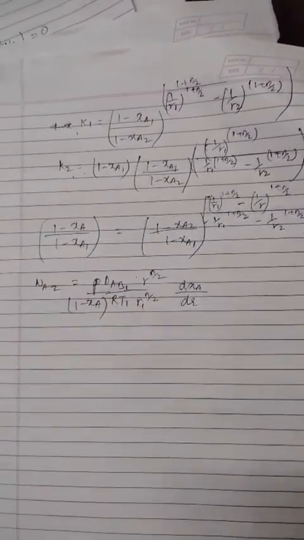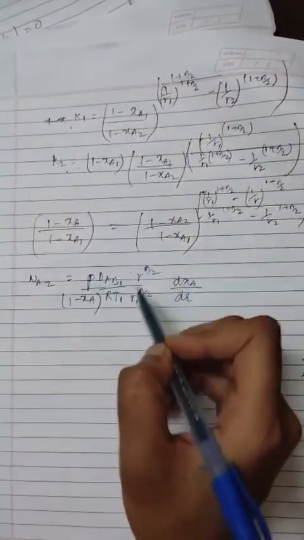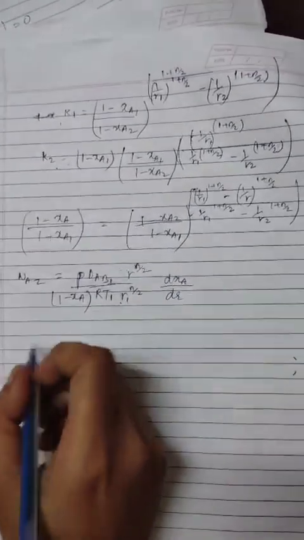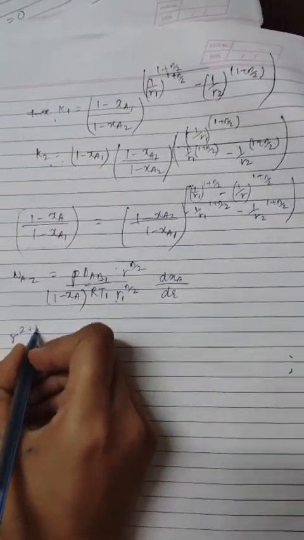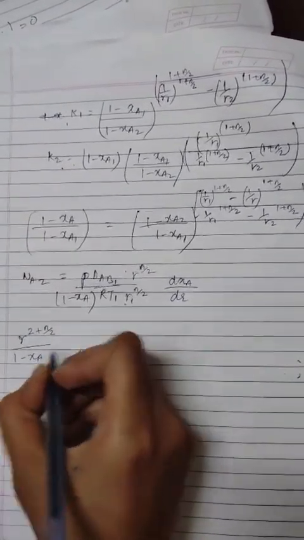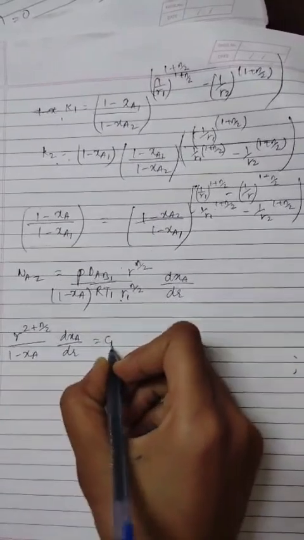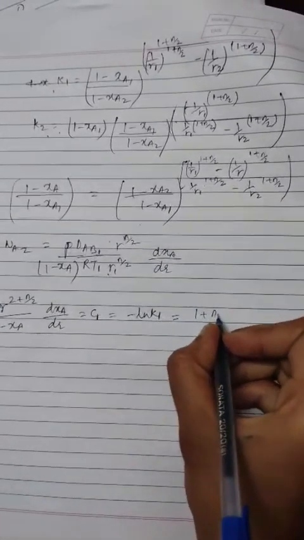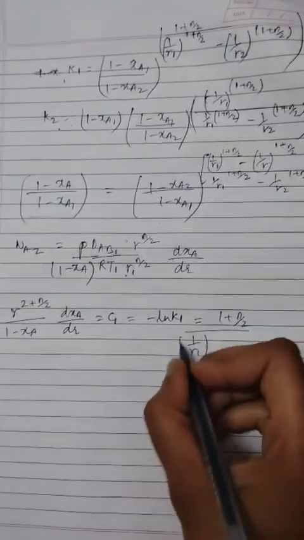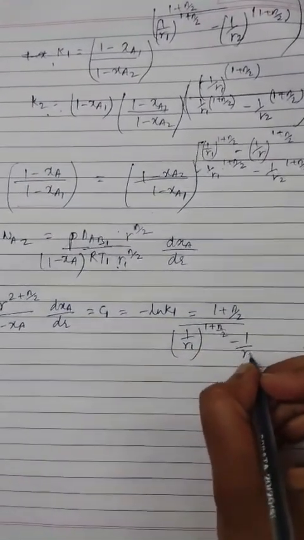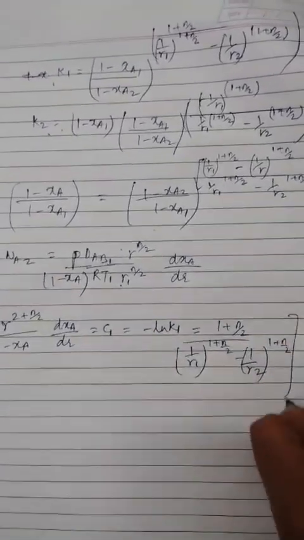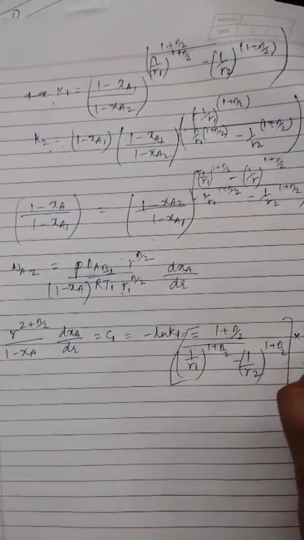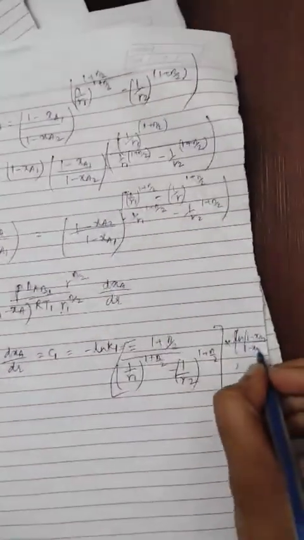If we substitute this equation in this and get the r value, the equation will be r to the power 2 plus n by 2 upon 1 minus X_A dX_A upon dr is equal to C1, which is minus ln K1, which is equal to 1 plus n by 2 upon 1 by r1 whole to the power 1 plus n by 2 minus 1 by r2 to the power 1 plus n by 2 into ln of 1 minus X_A2 upon 1 minus X_A1.